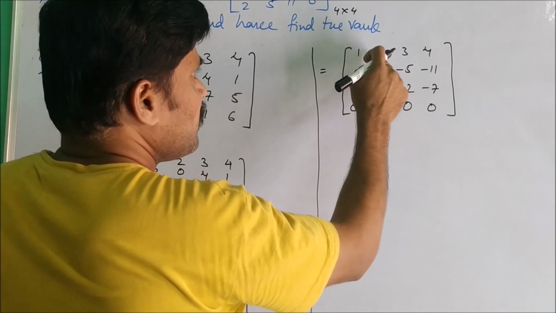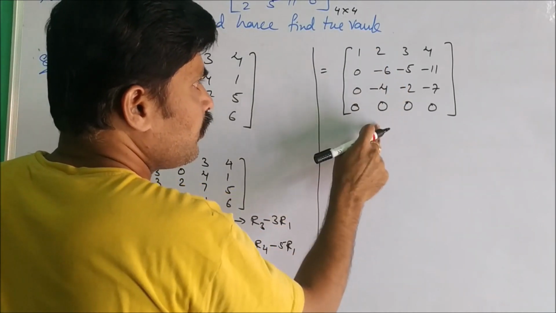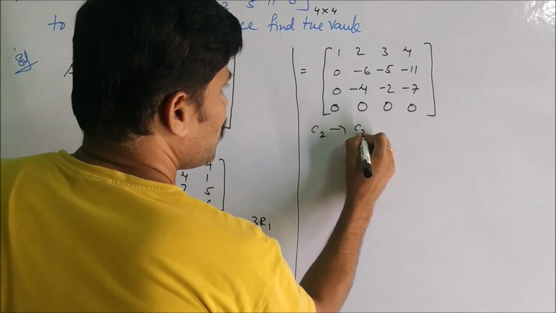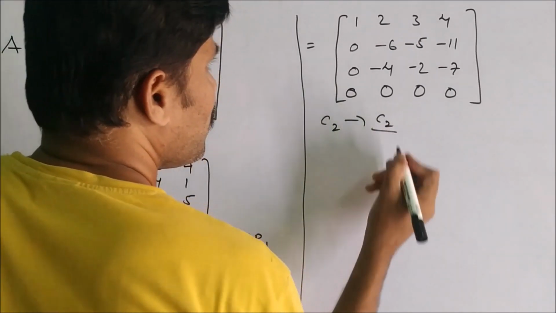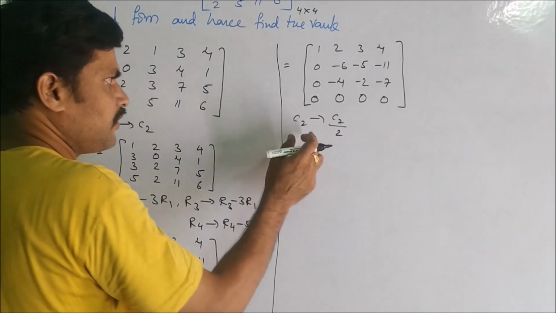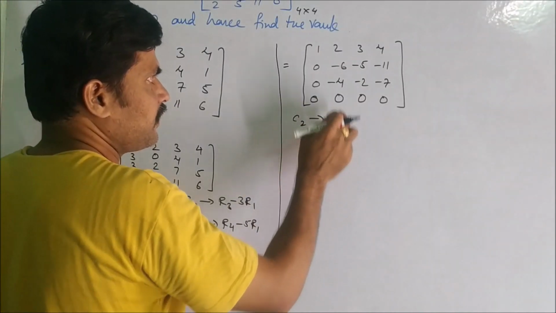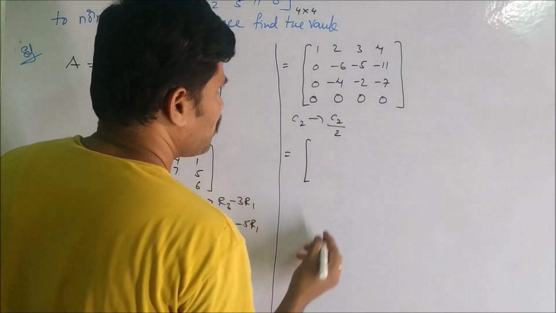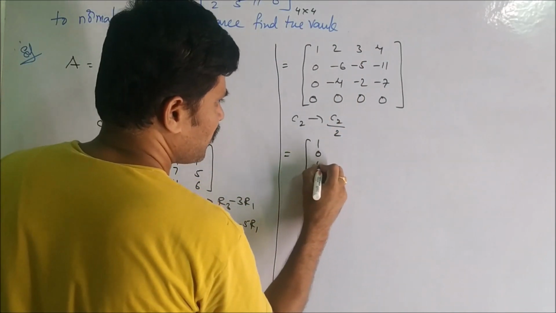Next, we observe that first of all we divide the second column by 2. C2 changes to C2 by 2. Using this column operation, the second column will be converted to, observe here, the first column does not change.